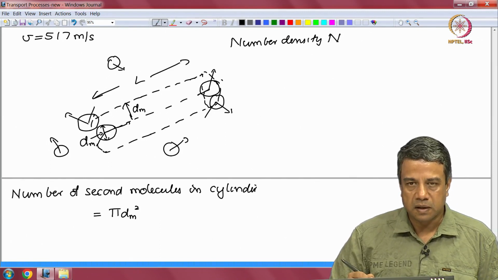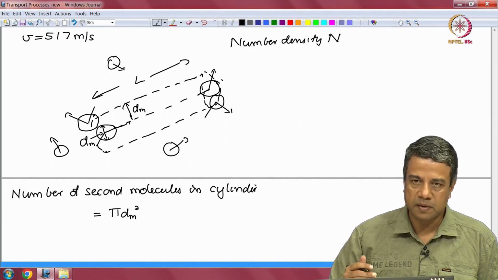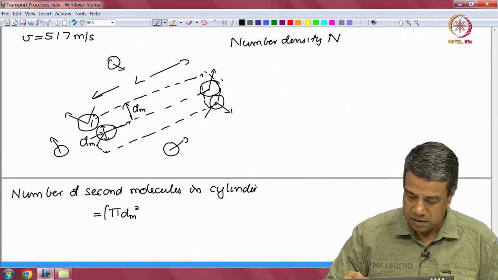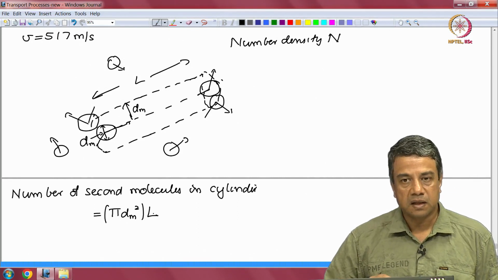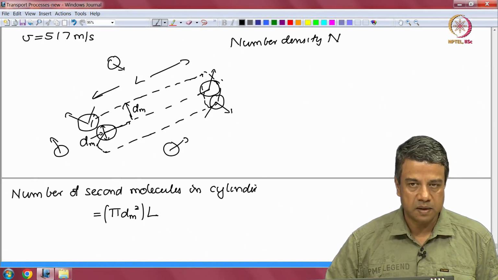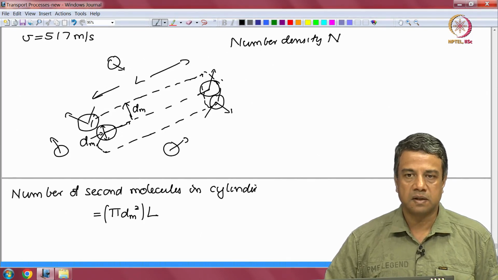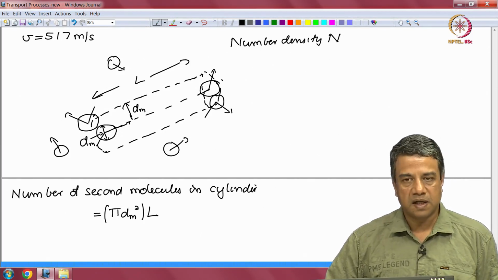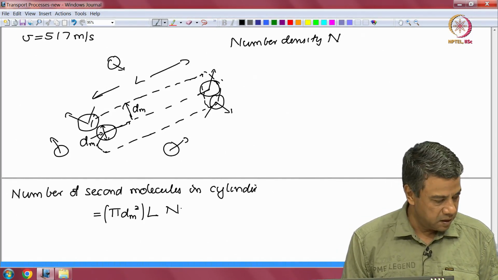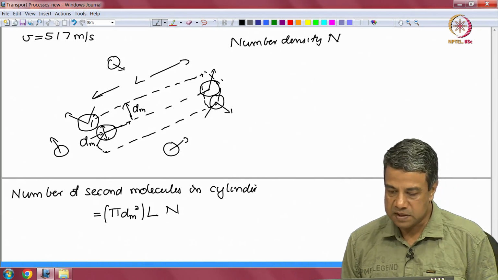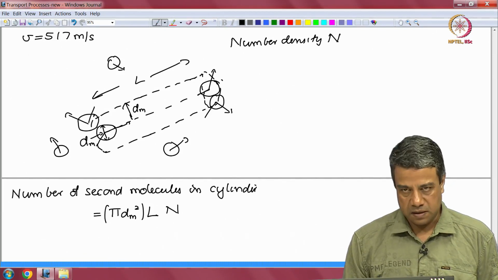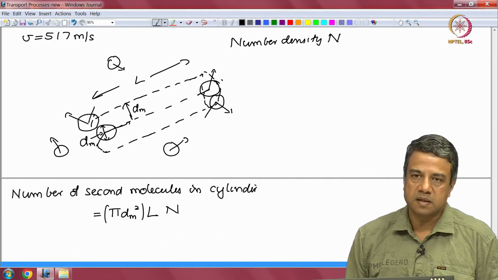The cross sectional area is equal to pi dm square, because dm is the radius of the cylinder and pi dm square is the area, times L. That is the volume, times the number density n. This is the number of second molecules that are within the cylinder as this molecule is going along.